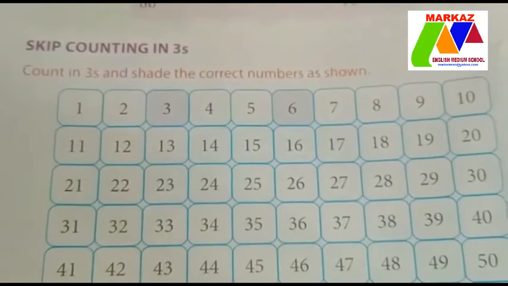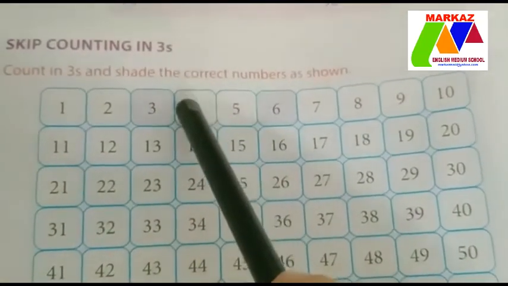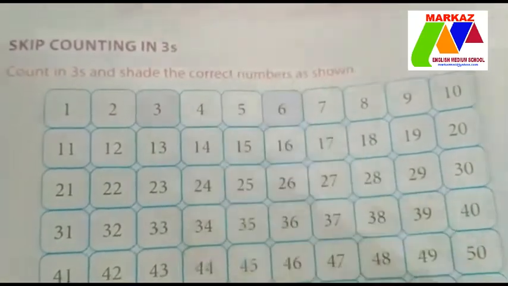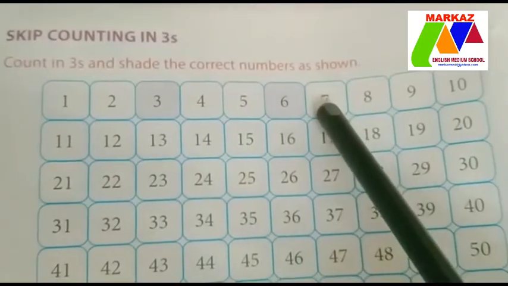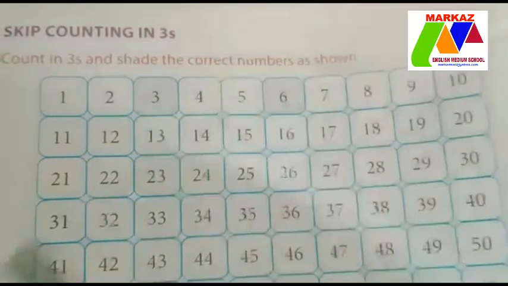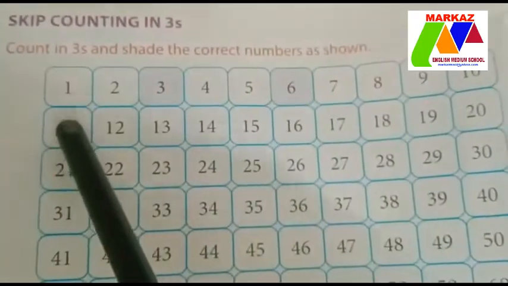Clear? Then we skip how many numbers? 2 numbers. 4, 5. Then shade 6. Clear? Then we skip how many numbers? 7, 8 and shade 9. Then we skip 10 and 11.